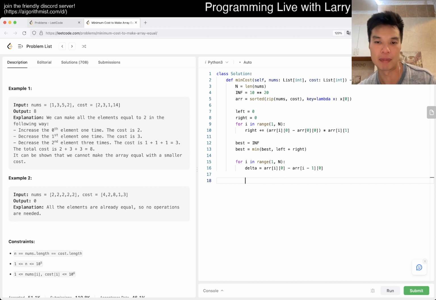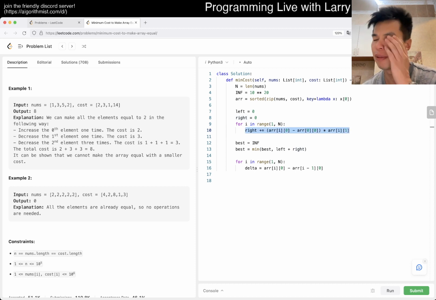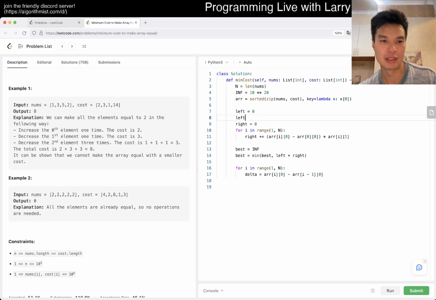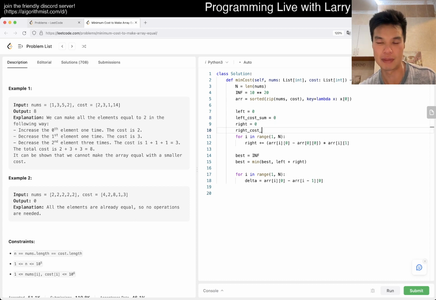Okay, so this is the delta, but we also need to get the total cost. So the left cost sum is equal to 0, and the right cost sum is equal to the total cost sum.